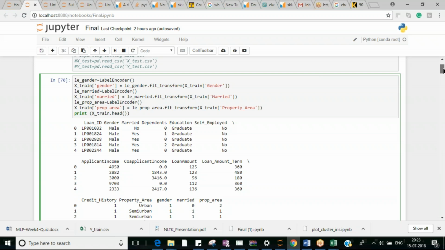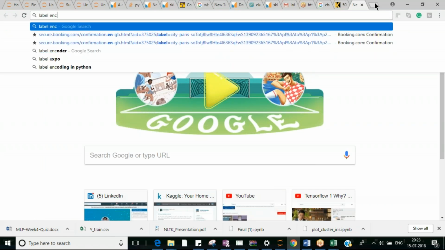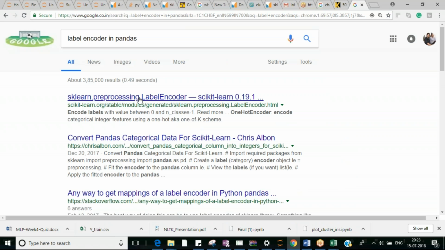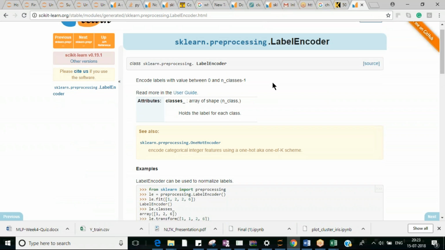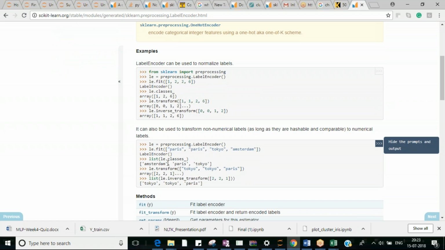Now, Vidip, two questions. What is label encoder? From where have you imported this? Label encoder, you can see it here. I think it basically gives a numeric value to a string variable. Correct.